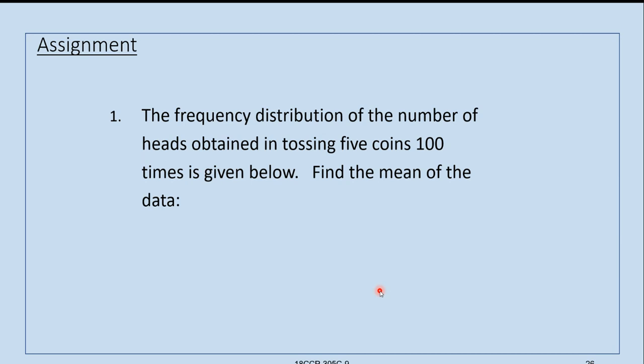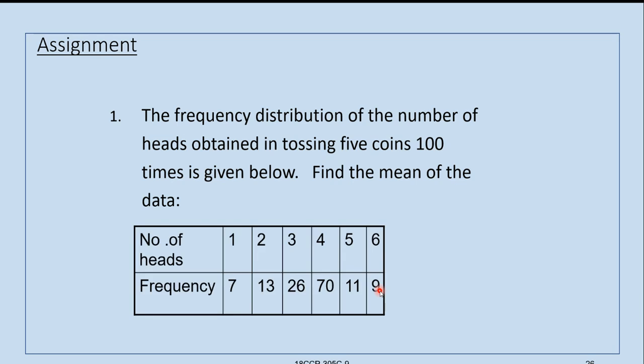Now we will see the assignment. First assignment is the frequency distribution of the number of heads obtained in tossing 5 coins.